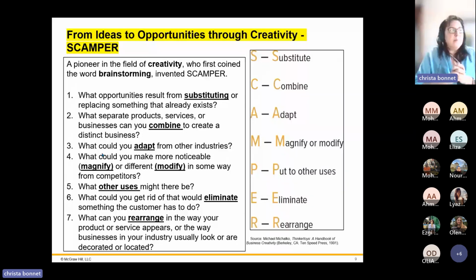The P, that's number 5, is: how can you put it to use for alternative uses?